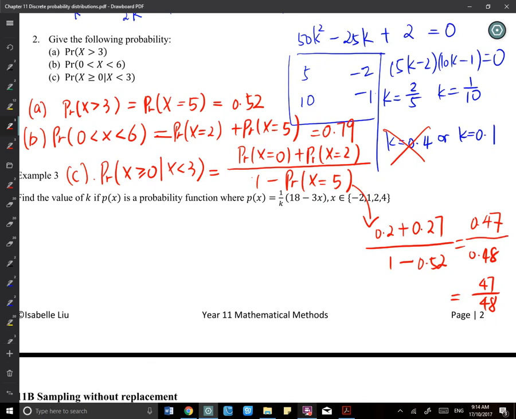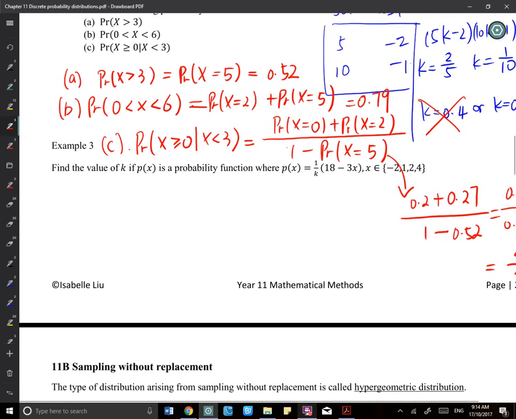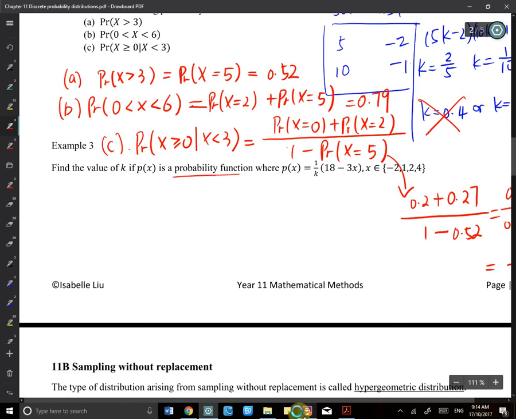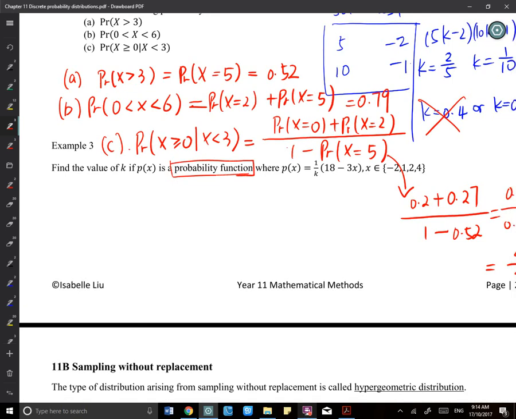Okay. So the last thing I will talk about is the probability function. Remember I said you can use a rule to represent a probability mass function. We have table, graph, and the rule. Okay, that's how we do the rule.